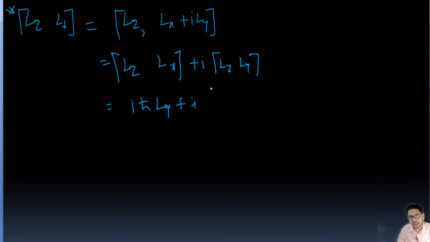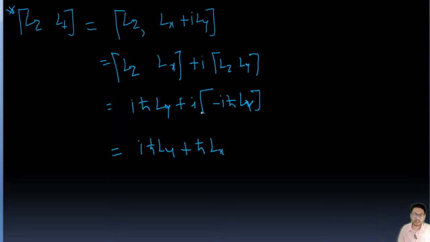Similarly here, iota Lz Ly is not in cyclic order, guys, so Lz Ly gives minus iota h cut Lx. So this is going to be iota h cut Ly, and minus iota times minus iota h cut Lx, where iota square is minus 1, so plus h cut Lx. So iota h cut Ly plus h cut Lx.